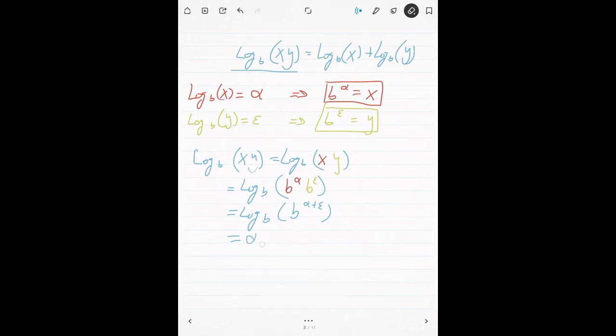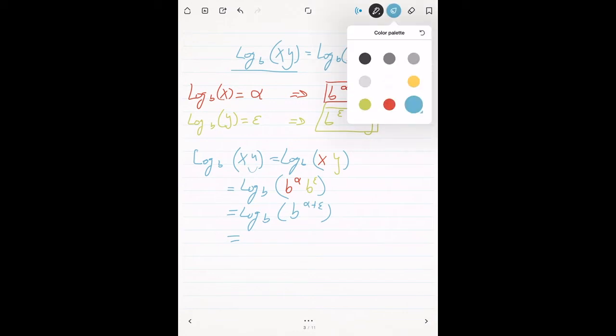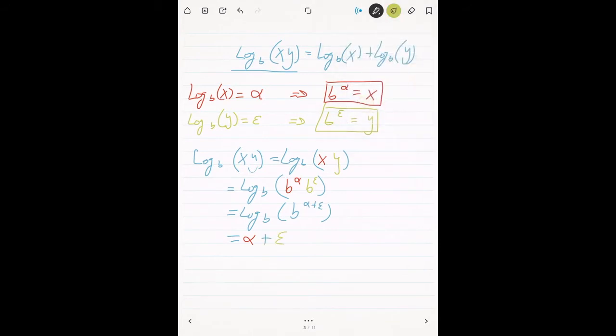And let me color code these. Alpha, we were working in red here, and epsilon, we were working in green. So all I did here was show that log base b of x times y is equal to alpha plus epsilon.